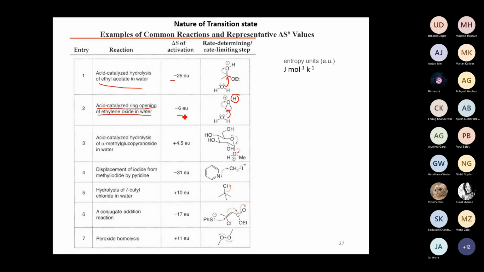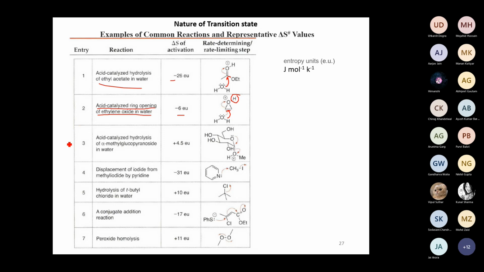So the positive or negative sign will give a huge indication of the nature of the transition state. Two molecules are coming close to each other, they are attacking or not, any bond length increases or decreases or not. It will give a huge hint to understand the nature of the transition state in the rate determining step. Okay.